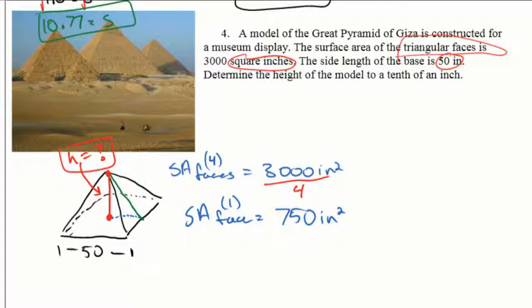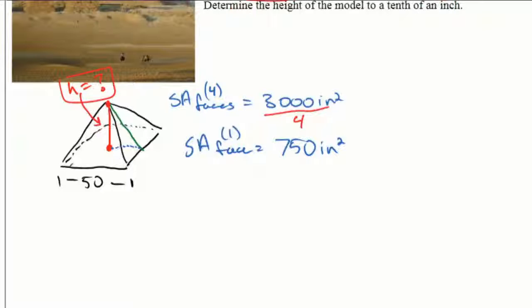So I'm just going to redraw one of these faces, and you can maybe get an idea of where I'm going. So here's my face. I know the area of the face is 750 inches squared.